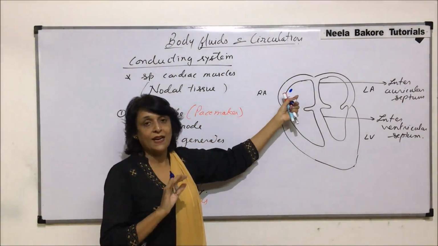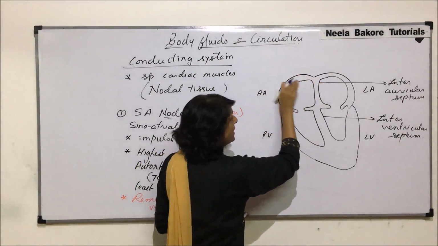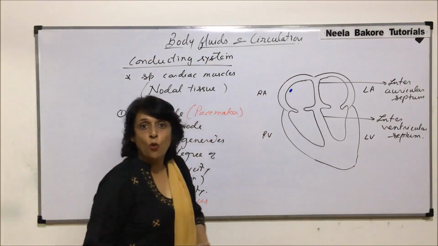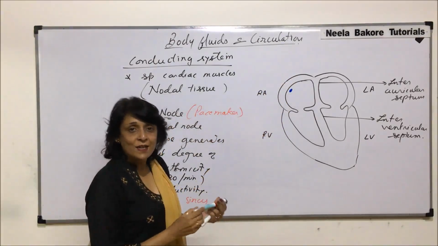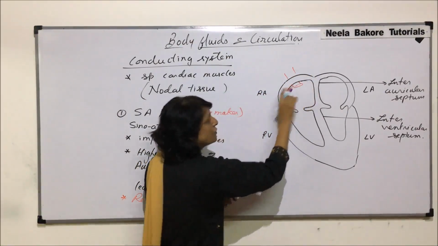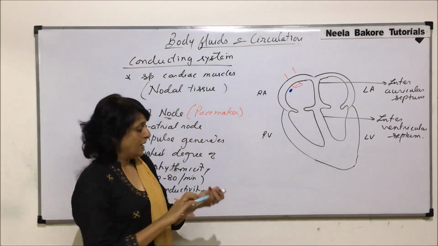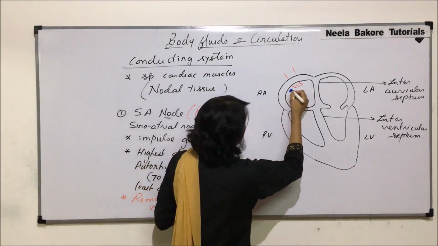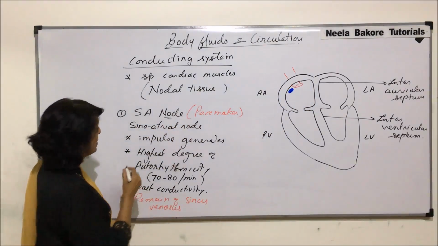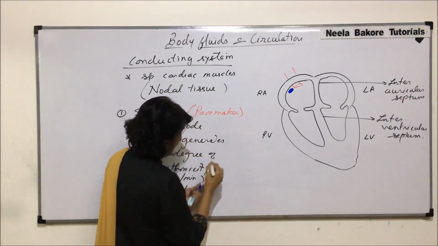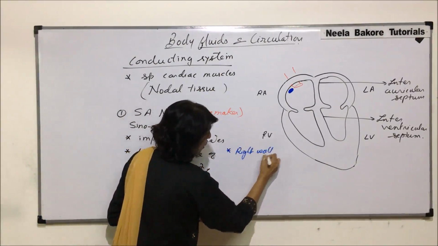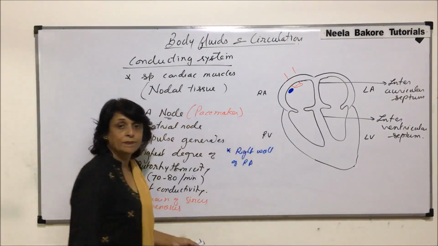We have to visualize that this is a complete compartment, and on this wall, the right side of the right atrium, is this node. To have a slightly better idea, it is very close to the opening of the superior vena cava. This one which we have drawn here is the SA node. So location wise, the SA node is located on the right wall of the right atrium.